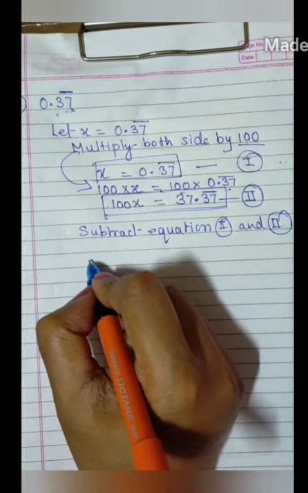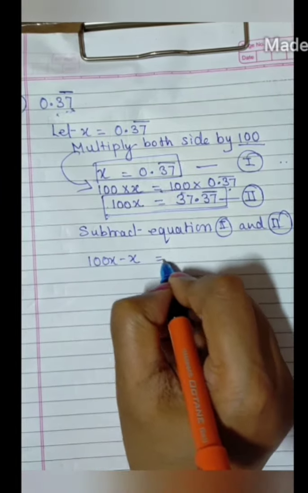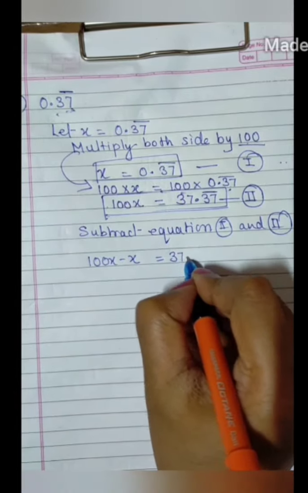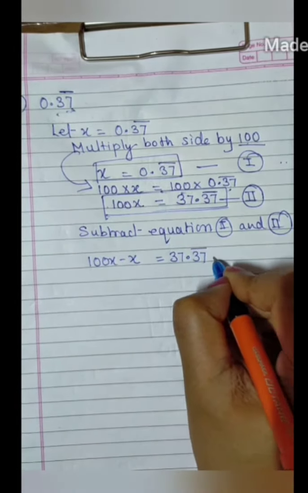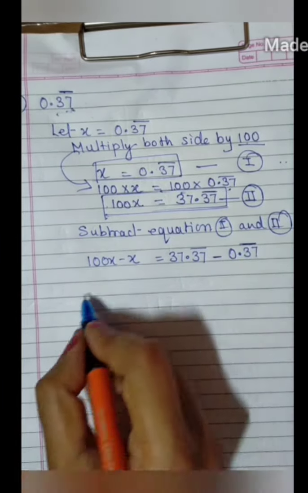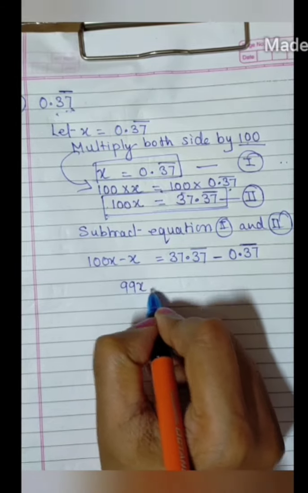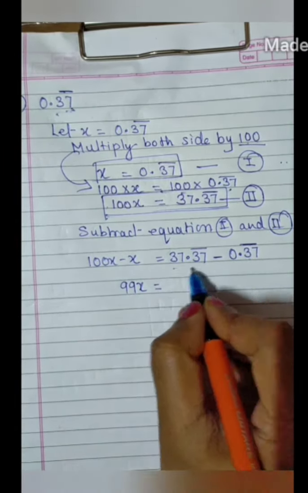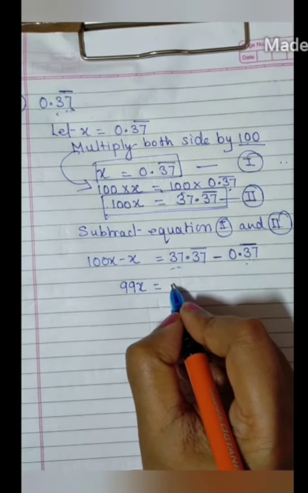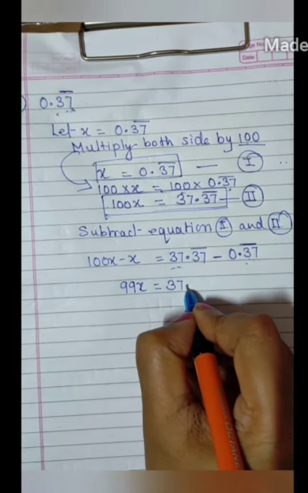So I am writing 100x minus x is equal to, on the left side you can see 37.37 bar minus 0.37 bar. Now here 99x will come, and on this side, after doing subtraction, we will get 37.00.